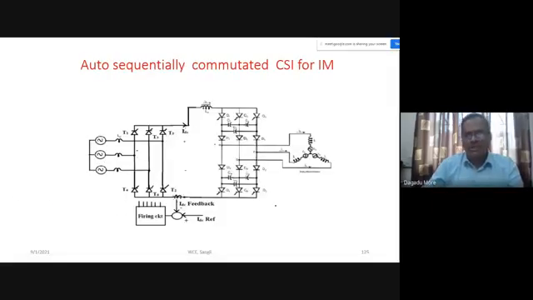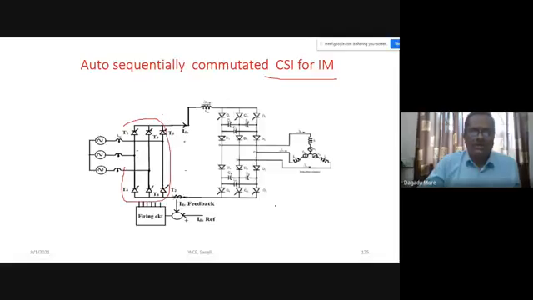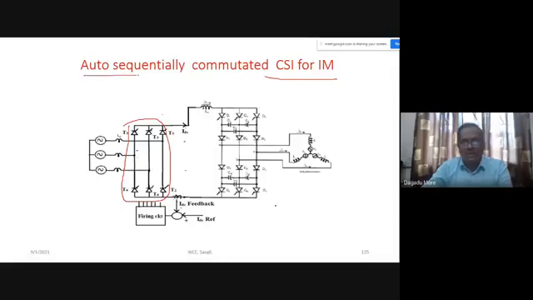Now we have shown another scheme for low power induction motor drive: an auto sequentially commutated CSI induction motor drive. This 6 pulse rectifier works as a current source by putting in a large inductance and a closed loop control. This current source is given to a current source inverter, called an auto sequentially commutated inverter.